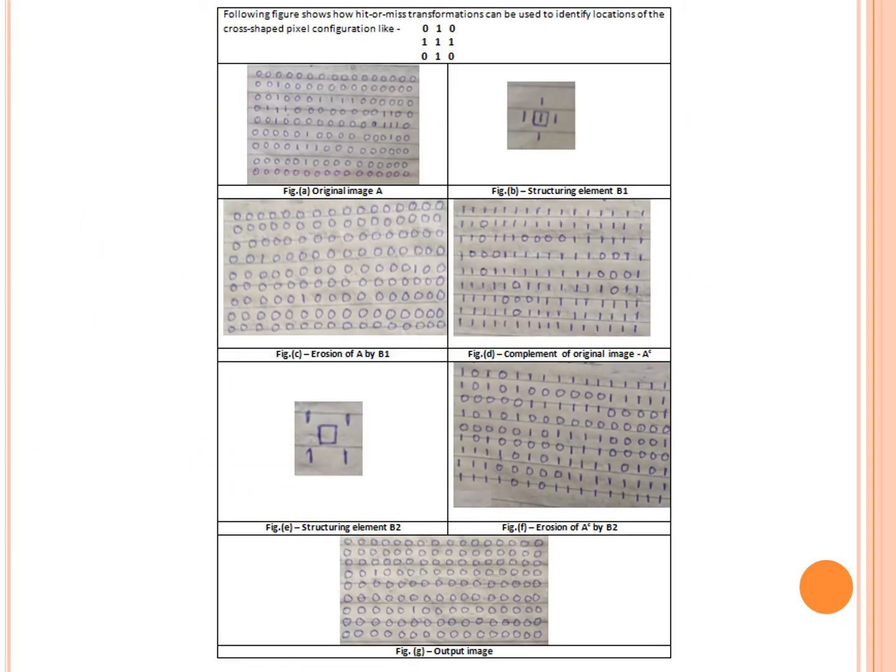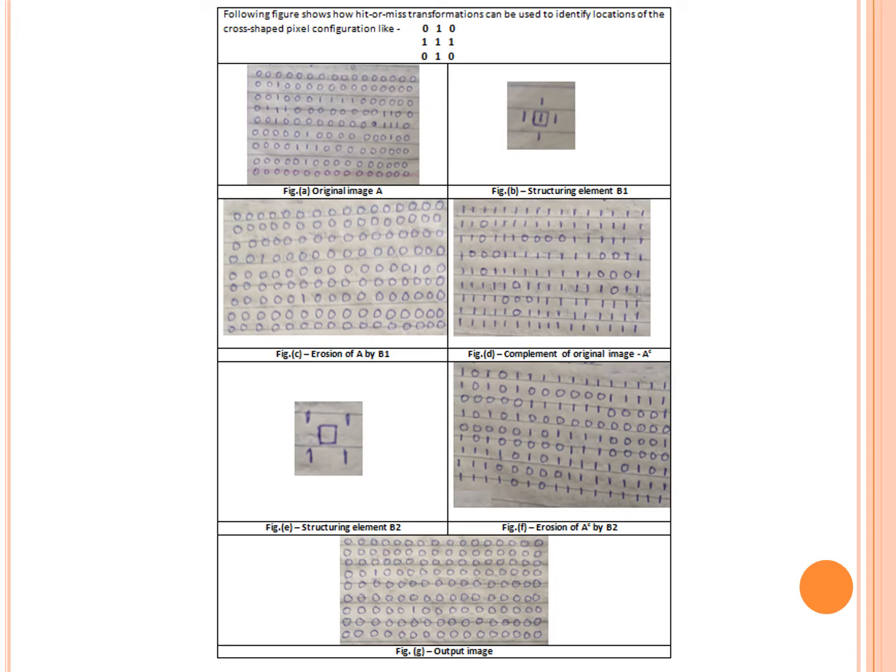Here, this figure shows how hit or miss transformation can be used to identify locations of cross-shaped pixels. Figure A is the original image A. Figure B is the structuring element B1. Figure C shows erosion of A by B1. Figure D shows the complement of the original image.